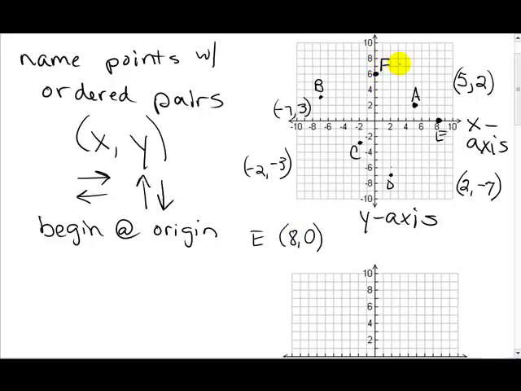Let's call this F. For F, we don't go right or left, so our X movement is 0. And then we go up 1, 2, 3, 4, 5, 6 for our Y movement.